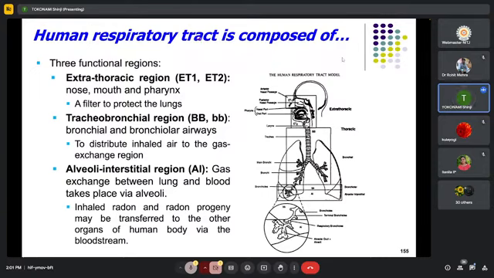Human respiratory tract is composed of three functional regions: extrathoracic region, nose, mouth, and pharynx, a filter to protect the lung. Tracheobronchial region, capital BB and BB: bronchial and bronchiolar airways to distribute inhaled air to the gas exchange region.